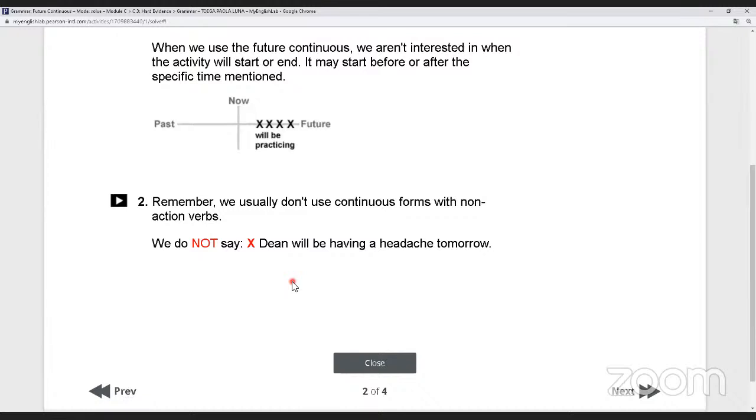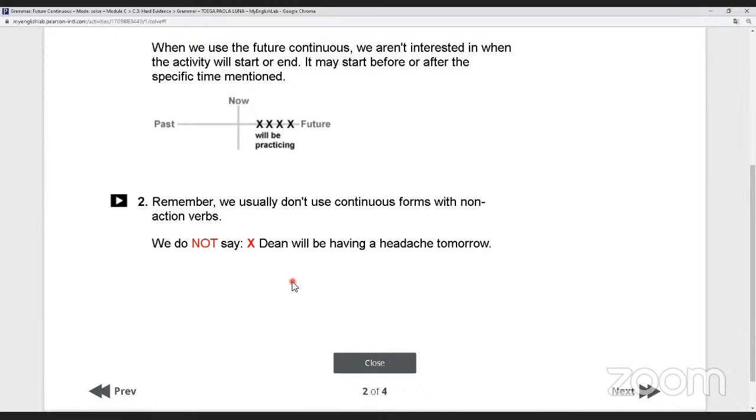I have to use it in the simple present form. Okay, what does it mean? I'm going to, no, I will be having a headache tomorrow. The correct one will be, I have a headache. Why? Because for the first point, you are not going to plan to have a headache. Okay.